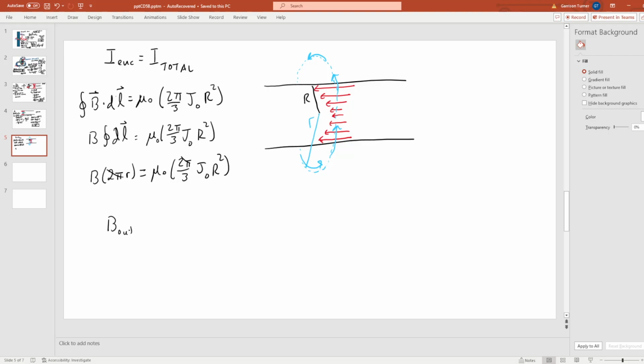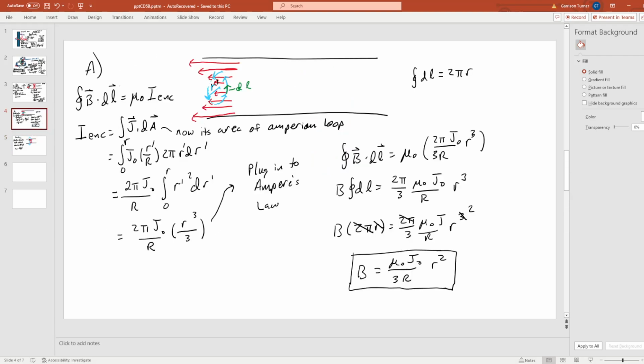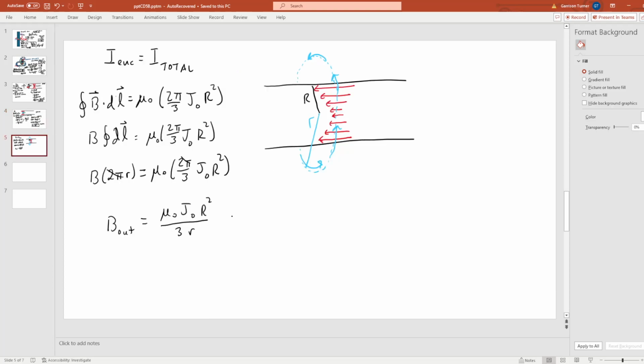And so I'm going to label this B out as mu naught J naught R squared over 3 lowercase r. And so what you can see is that this is a decreasing field. The inside was quadratic, and this is inversely decreasing.